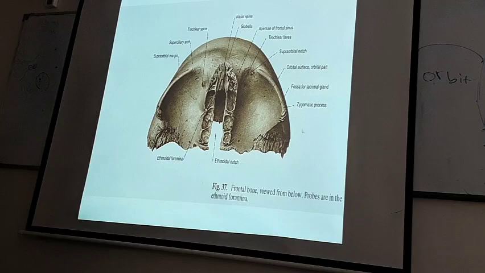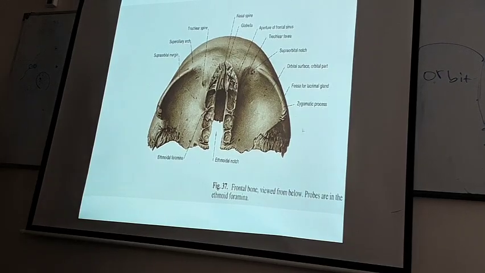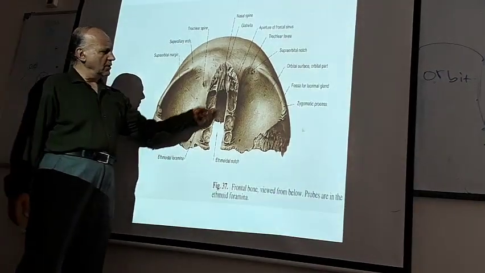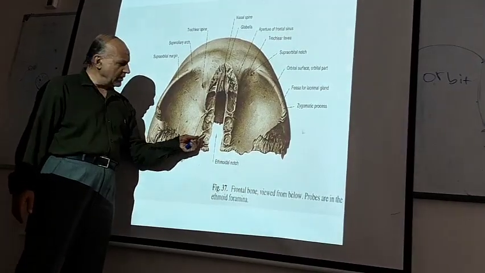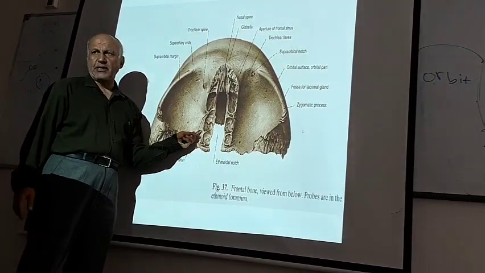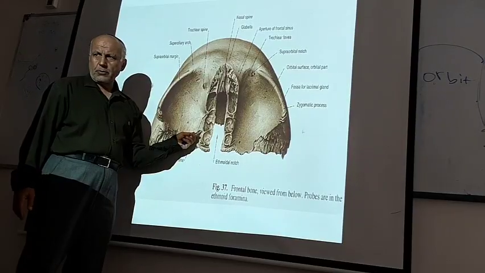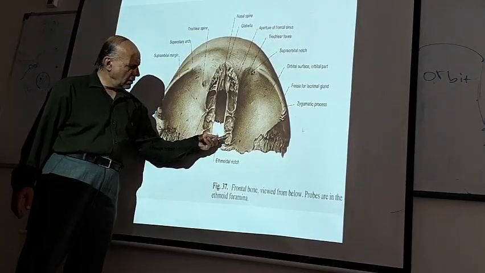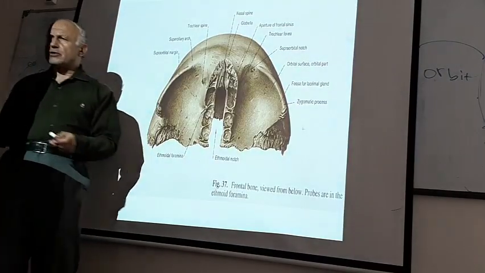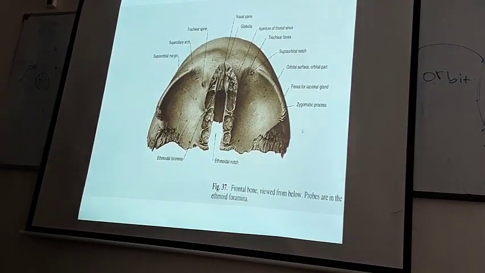This is the frontal bone from inferior. Here is the ethmoidal notch. This is the border of the ethmoidal notch. Here it articulates with the lateral mass of the ethmoid. Here is one third of the air cells, and in the ethmoid is two thirds of the air cells.